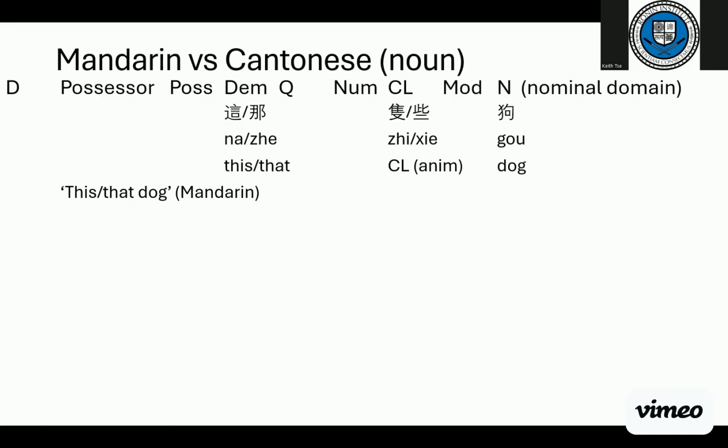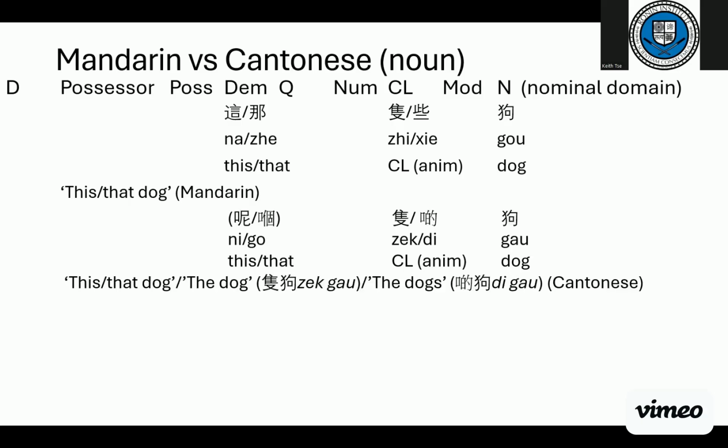This is a very common structure: dem CL noun. 这只狗, 这些狗, 那只狗, 那些狗, etc. It means this or that, these or those dogs. In Cantonese, the equivalent forms are 呢隻狗, 呢啲狗, 嗰隻狗, 嗰啲狗, etc. And these mean this or that or those dogs.